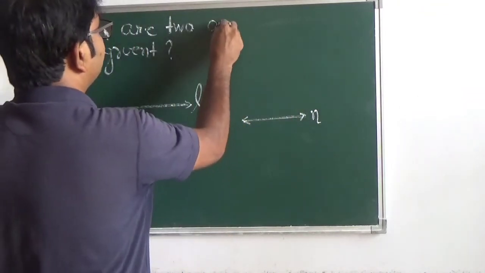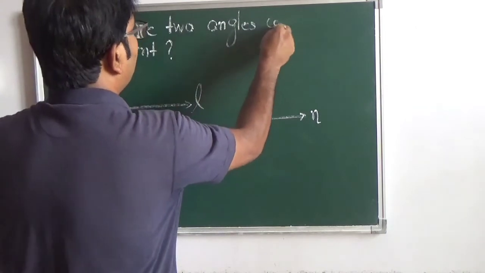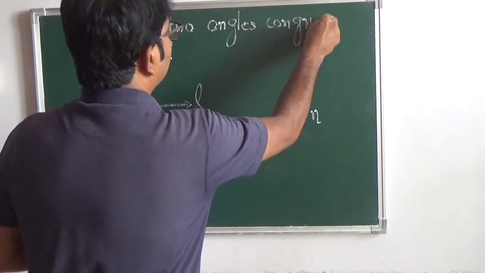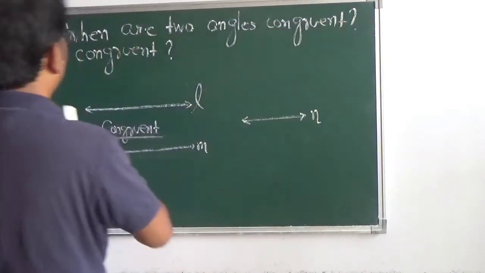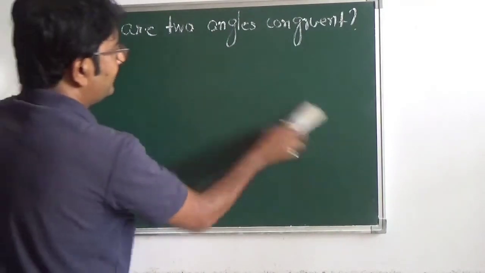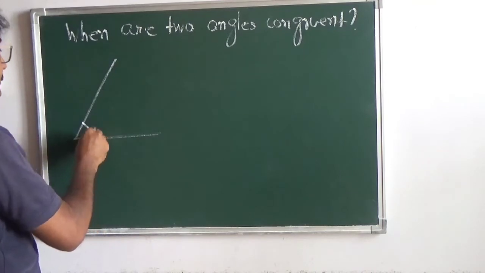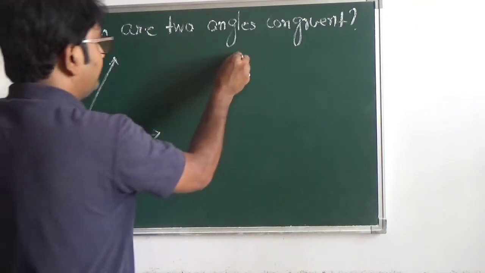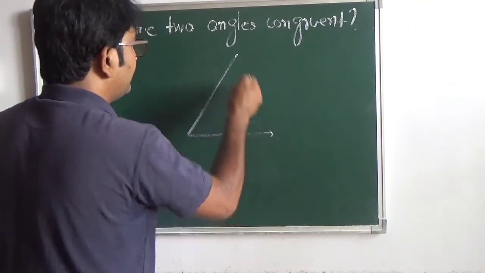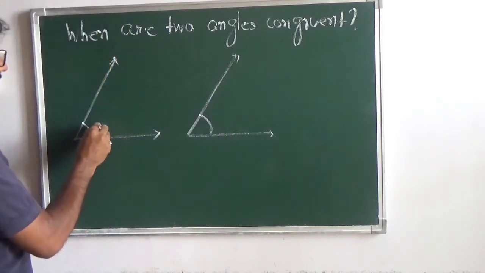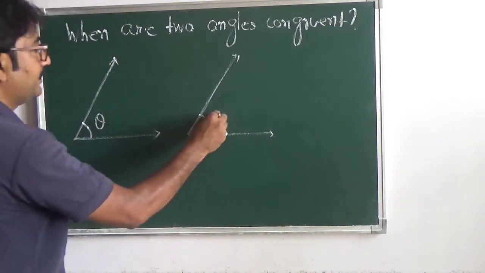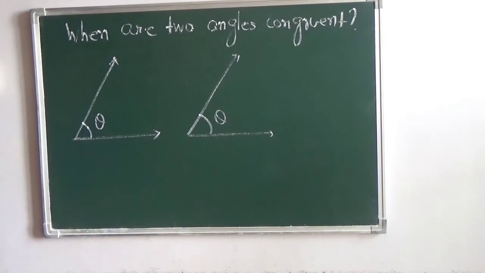Similarly, when are two angles congruent? Two angles are congruent when the angles made by the two line segments are equal. If this angle is theta and this is also theta, then we call these two angles congruent angles.